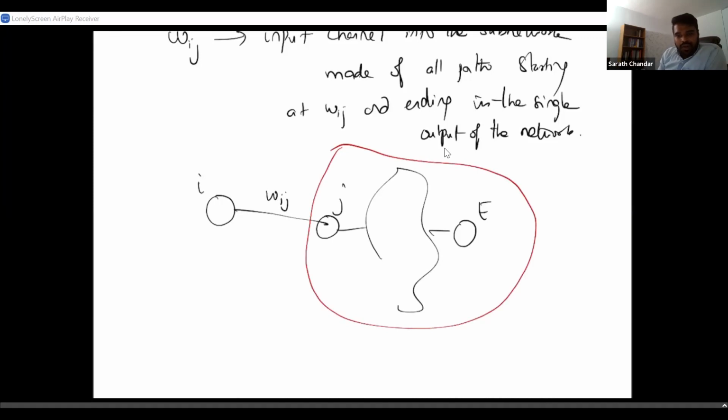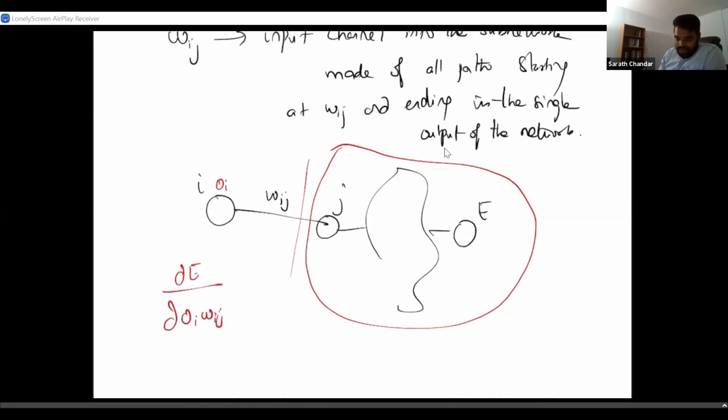What is actually fed into this network is the output of this ith unit, let's call it OI. So you multiply OI with wij and pass it through this network. When you do backprop and stop at this point, you will get dou E by dou OI wij. Is that clear?